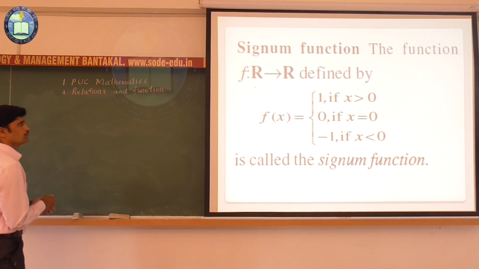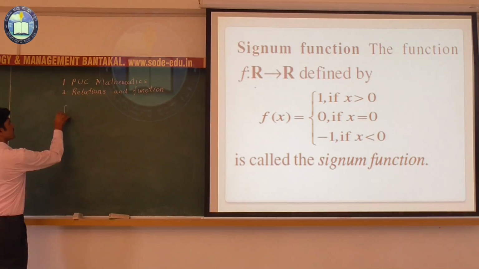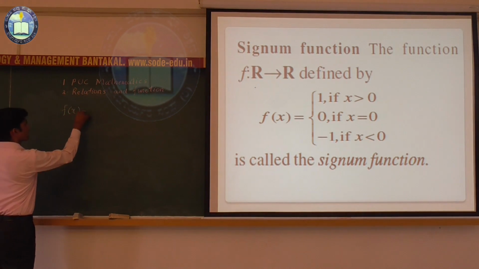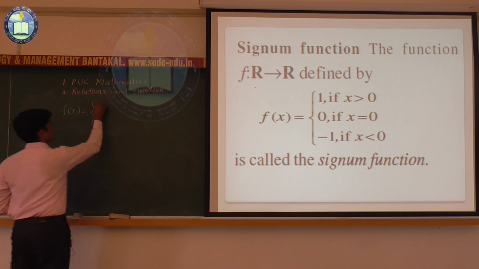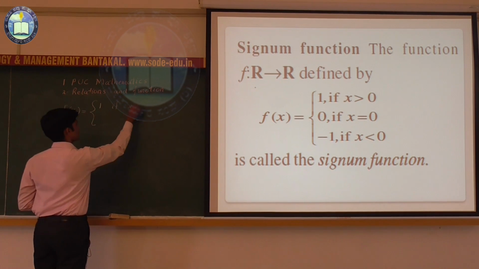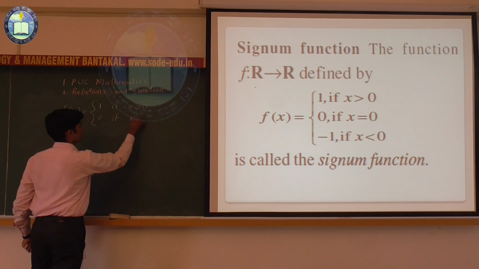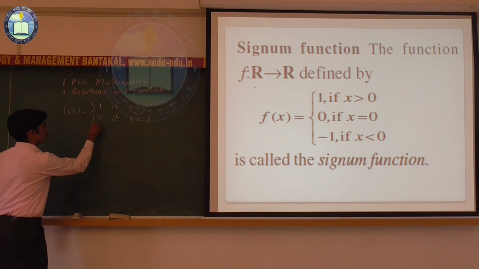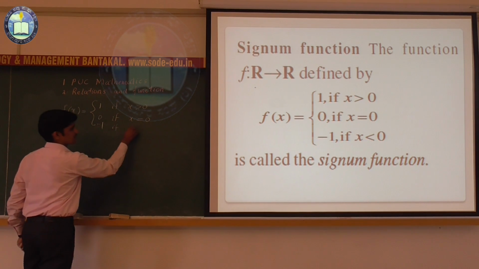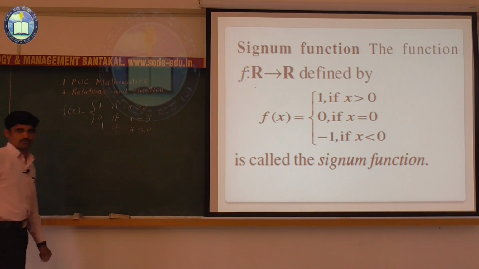If we see the graph of this function, here f of x is equal to 1 if x is greater than 0. It is equal to 0 if x equal to 0. And it is equal to minus 1 if x is less than 0.